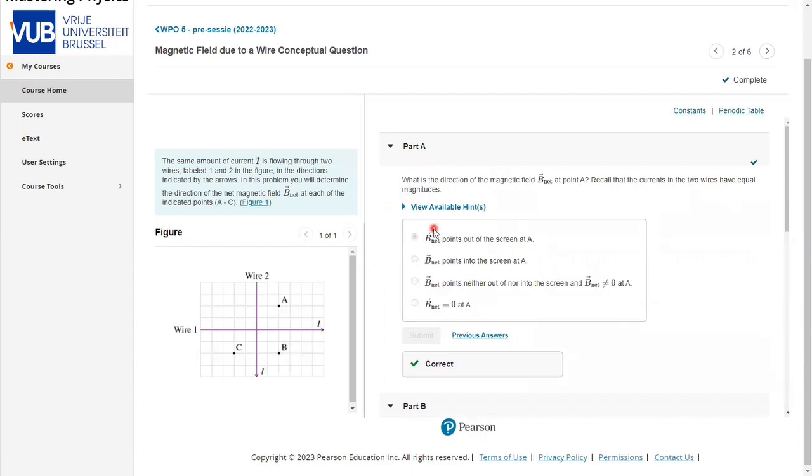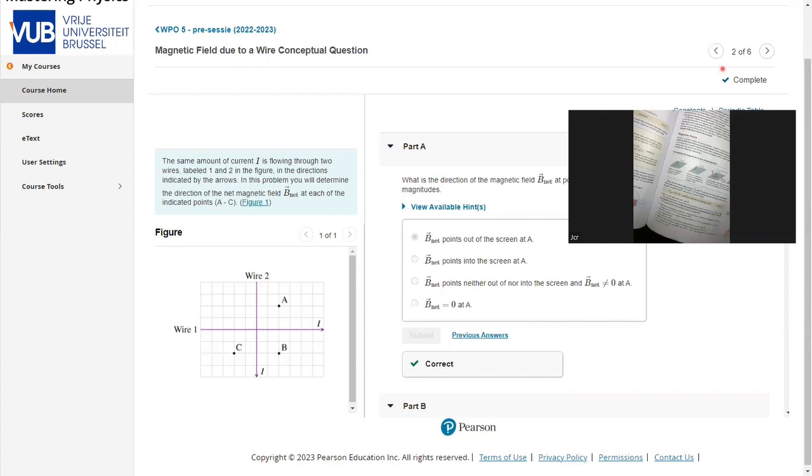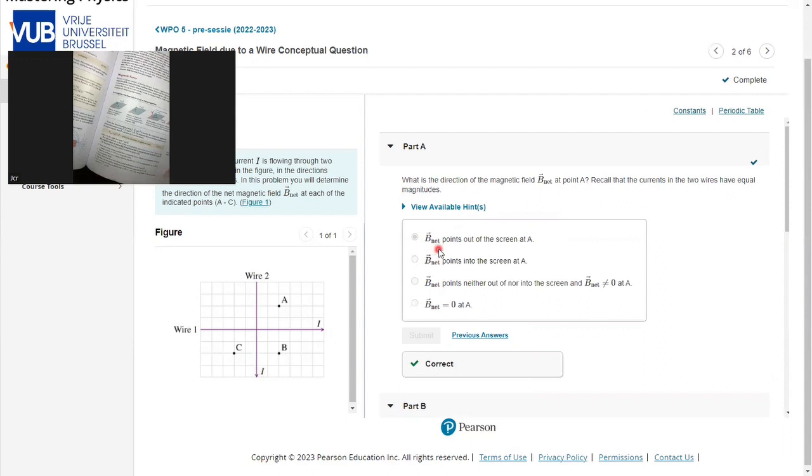Then you have this part. For this part you have to use your right hand. I will show you what I mean. Wire 2 is under, and wire 1 is to the right.